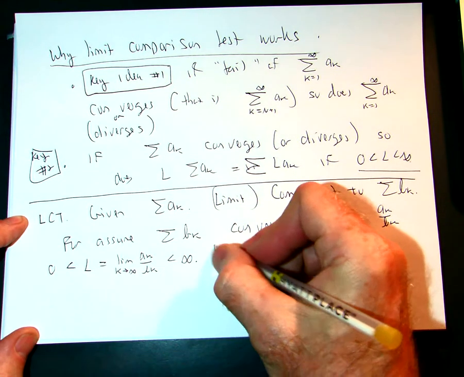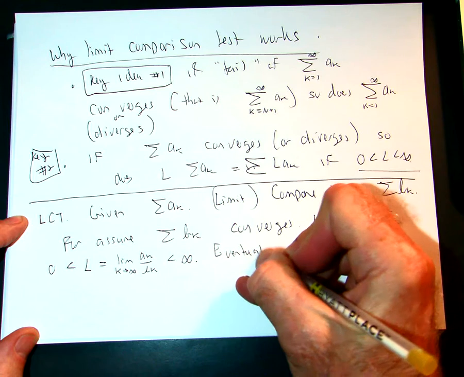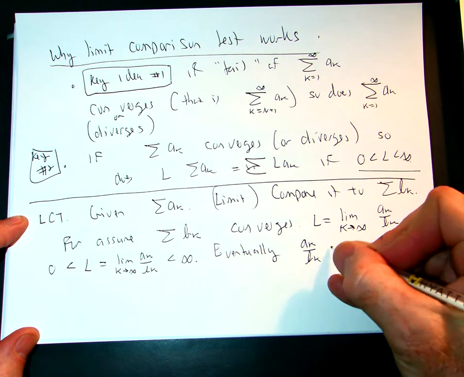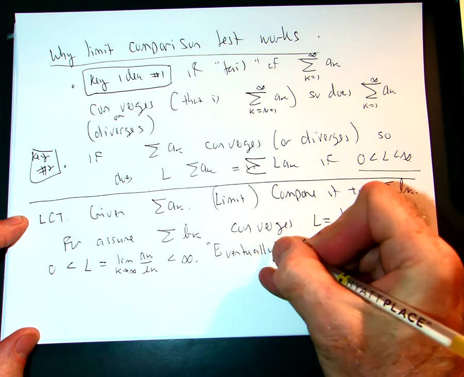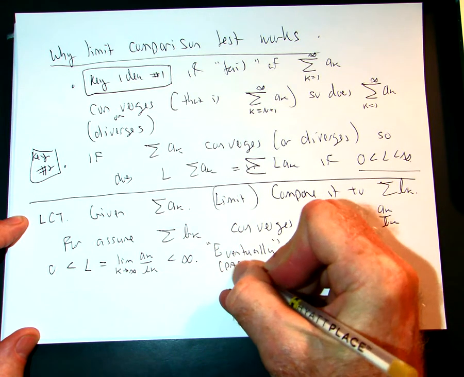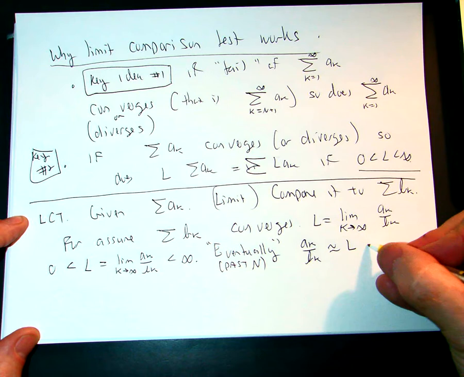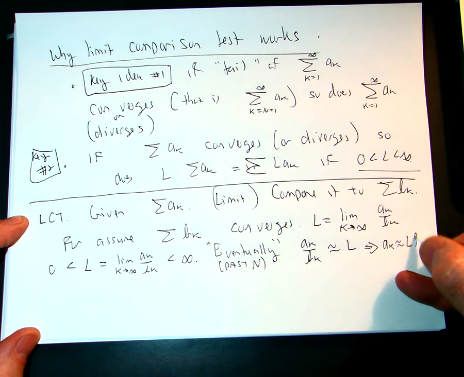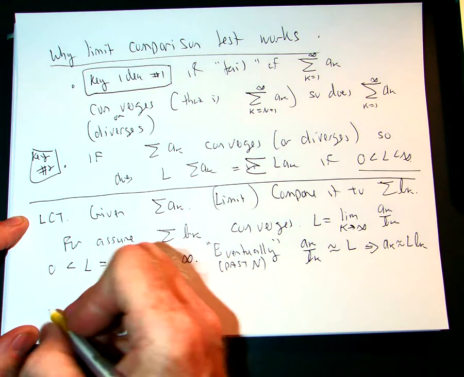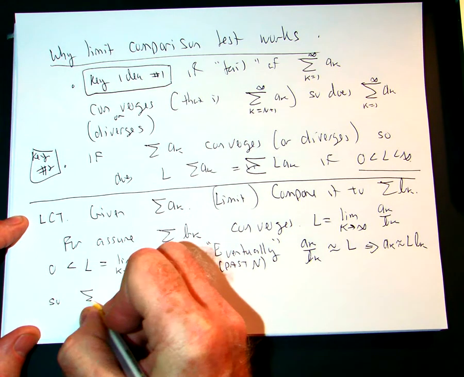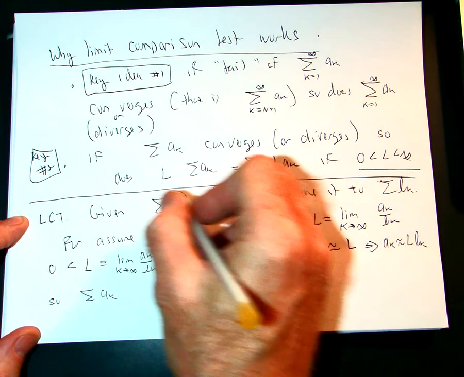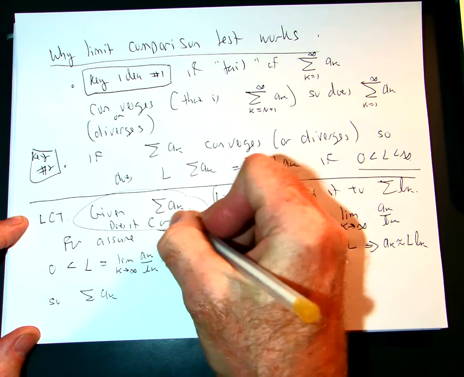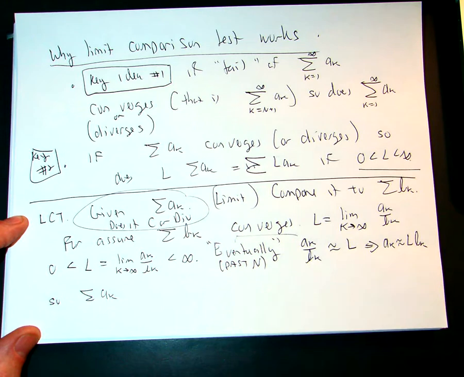Well, eventually we can say that a_k over b_k is about equal to L, past some n. And so that tells me that a_k is about equal to L times b_k. So that would mean that my sum of a_k, which I'm trying to show converges or diverges, well, in this case, I'm going to show that it converges.